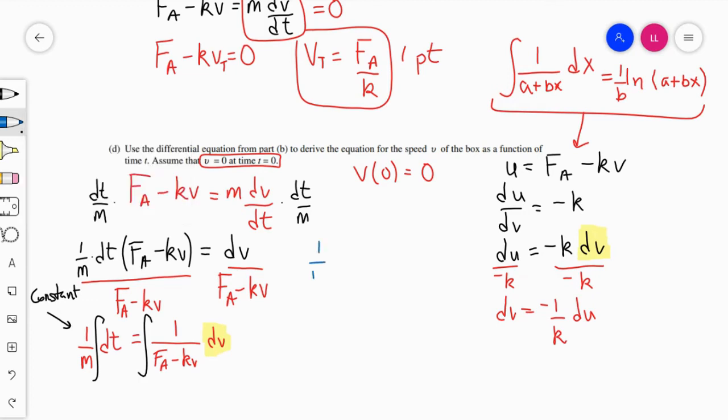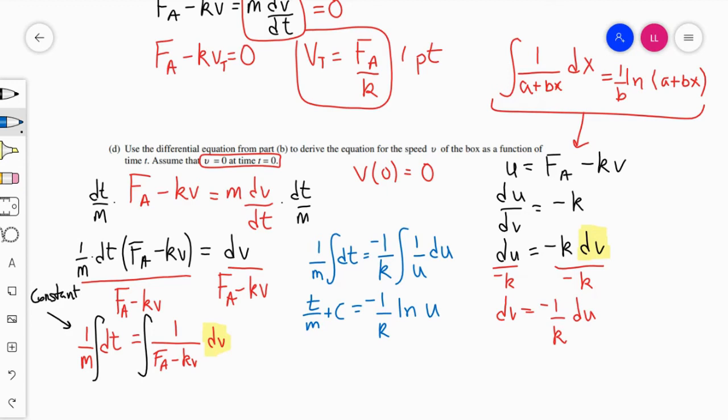So what's left, I have 1 over m integral dt equals negative 1 over k, the integral of 1 over u du. Okay? So when I integrate this side, I get t over m plus c, right, equals negative 1 over k natural log of u, right?